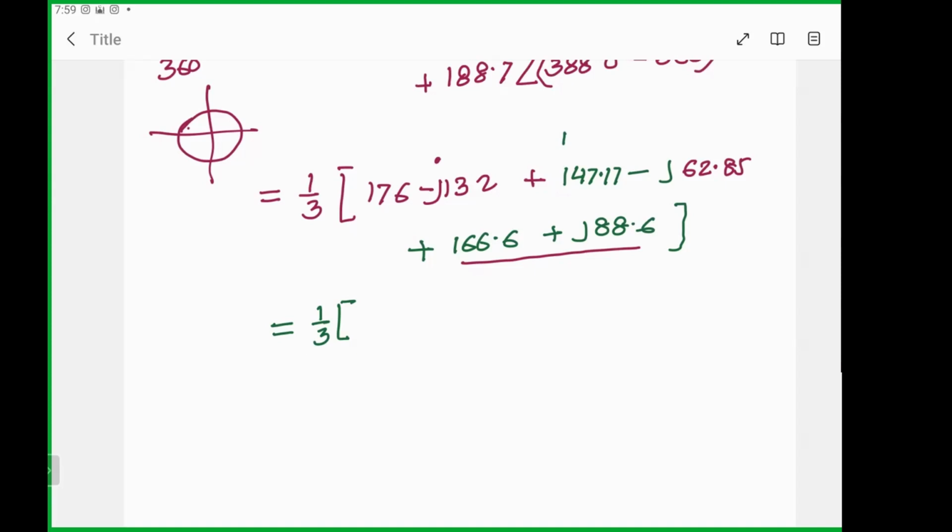So I am dividing by 3, one more step. So 163.28.